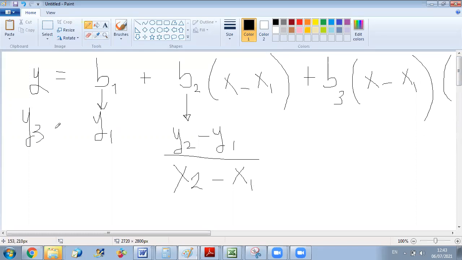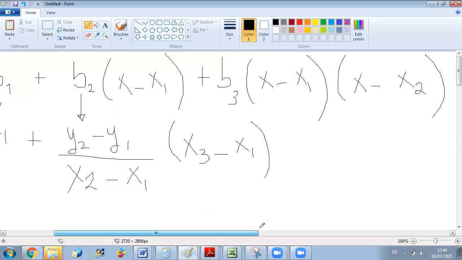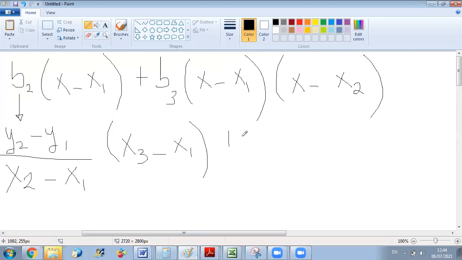So y3 is equal to y1 plus (y2 minus y1) over (x2 minus x1) times (x3 minus x1), and plus b3 times (x3 minus x1) times (x3 minus x2).